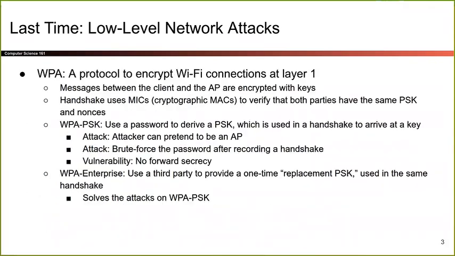And then the last low-level protocol we saw was WPA. This is for Wi-Fi connections. So Wi-Fi connections, now we know they're wireless connections that happen at layer 1. So it's for wirelessly transmitting information at lower layers. And we want to encrypt those connections so that attackers can't read them. And the way we do that is we have to derive some sort of shared secret so that we can encrypt and decrypt communications.